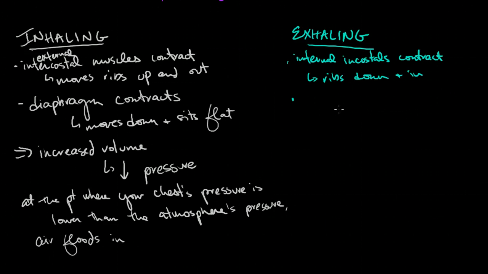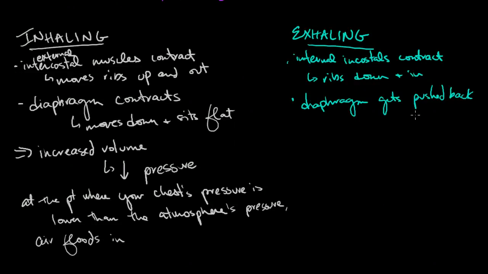All right, so what ends up happening is that your diaphragm gets pushed back. It depends on where you look. Sometimes it's referred to as relaxing. Some people will say that it gets pushed by your abdominal muscles pushing back on it.